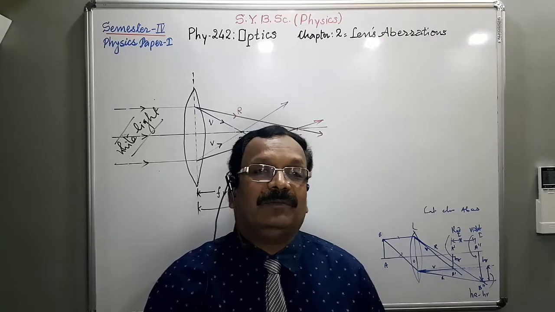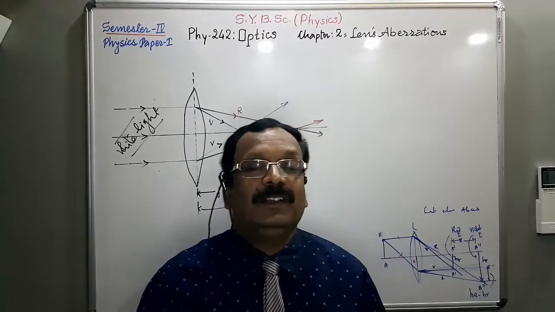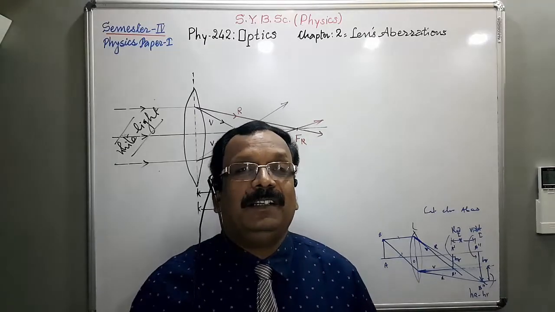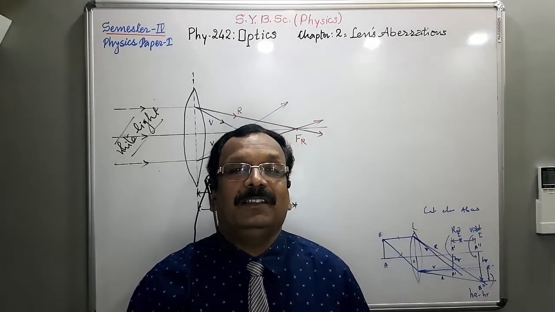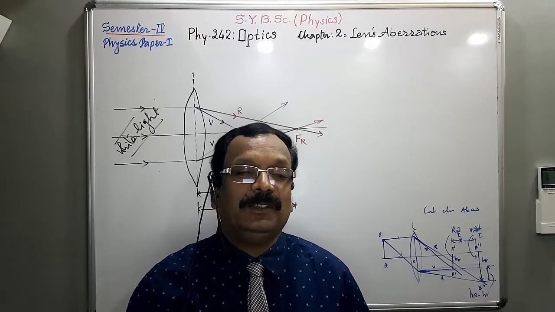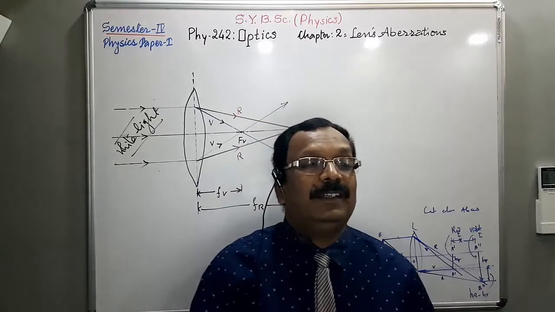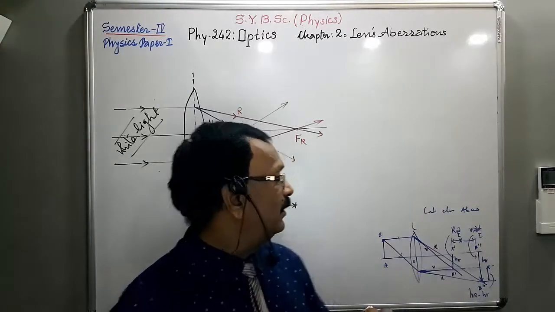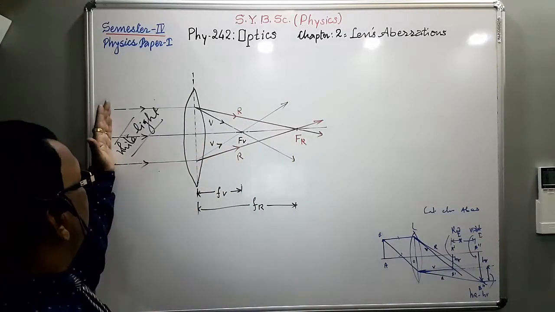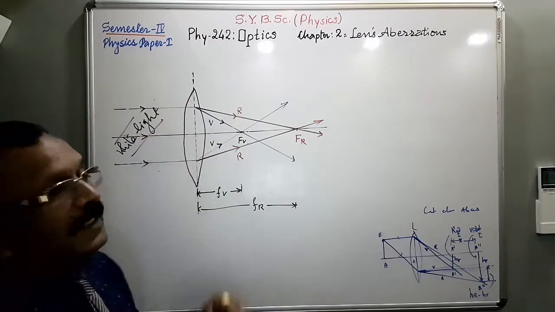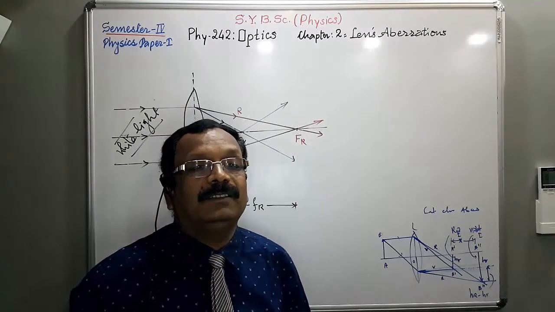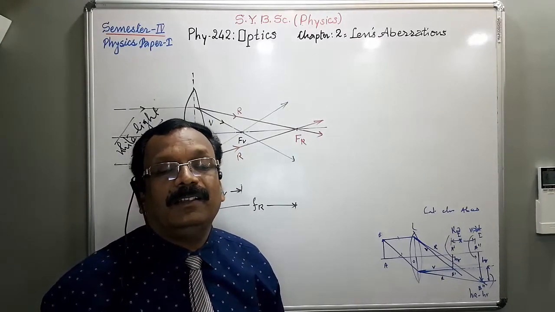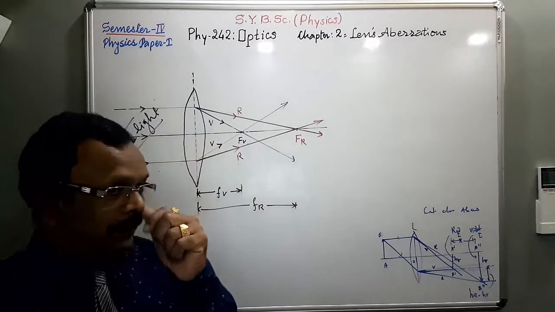Chromatic, chrom means color. Obviously chromatic aberration means there is a defect in image due to colors. Suppose this is the object, and white light rays coming from the object fall on this lens, which are not monochromatic.